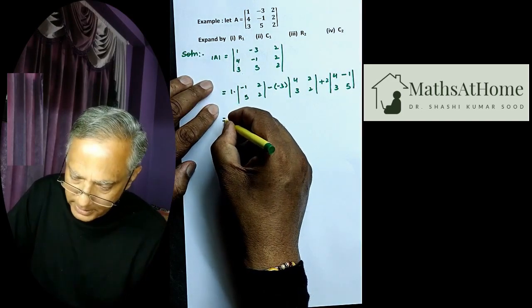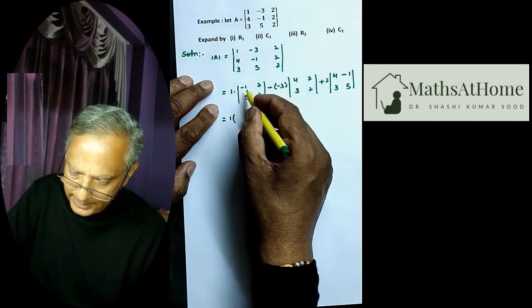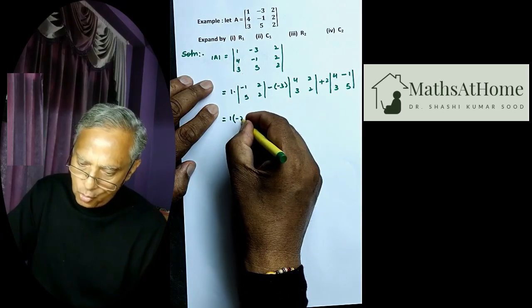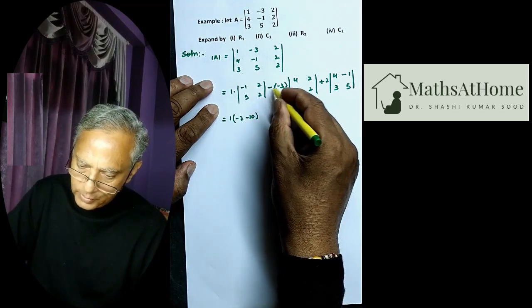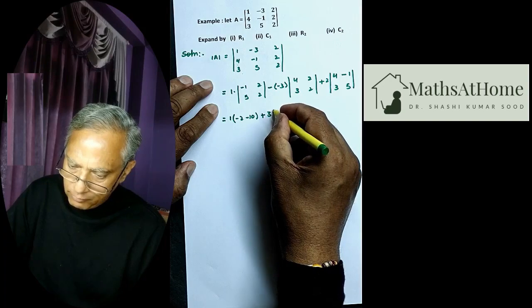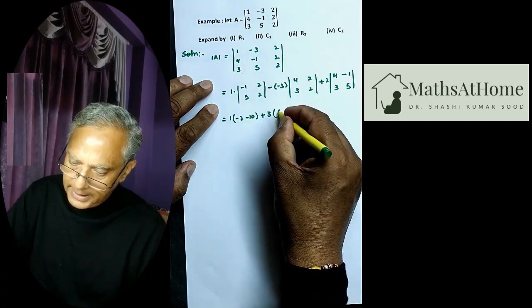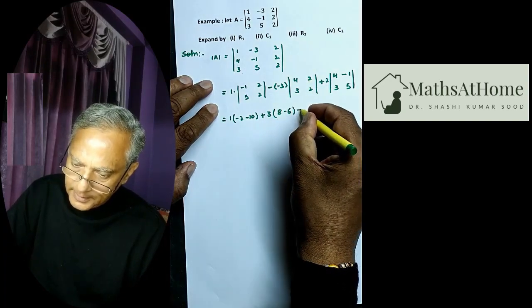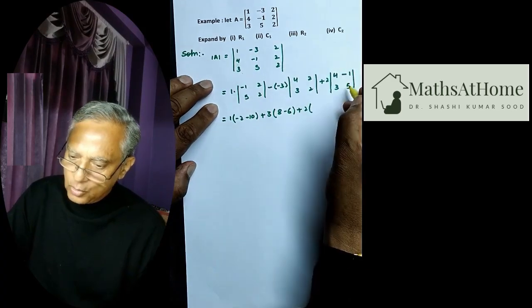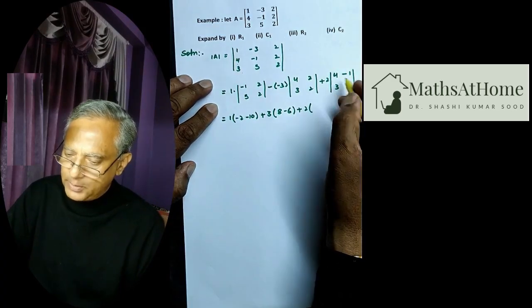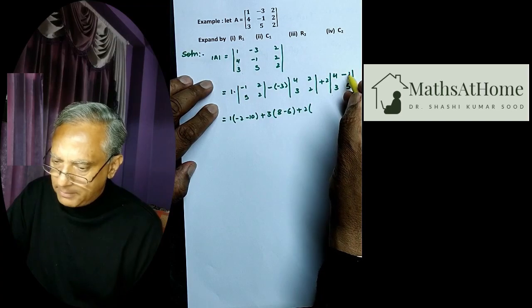So this will be equal to 1 into, this will be minus 2 minus 10. This will be minus minus plus, plus 3 into 8 minus 6. And this will be 2 into 20 minus minus plus. This is this into this minus this into this.